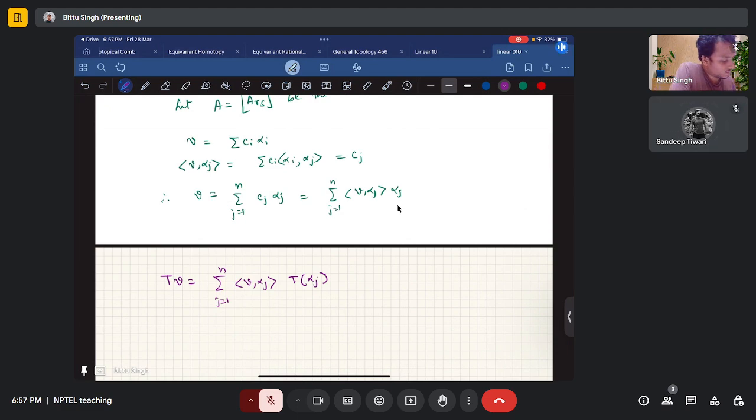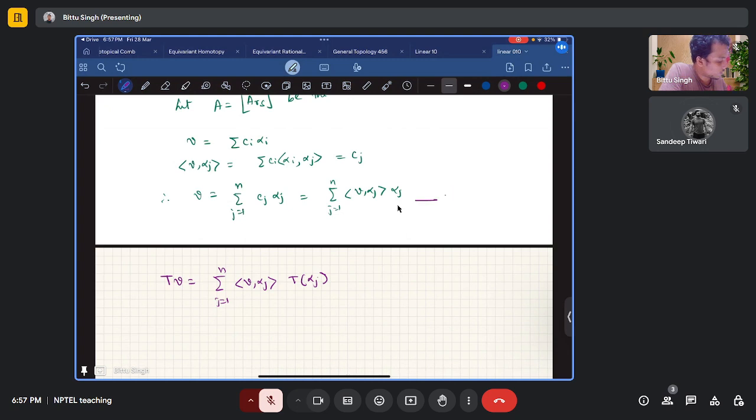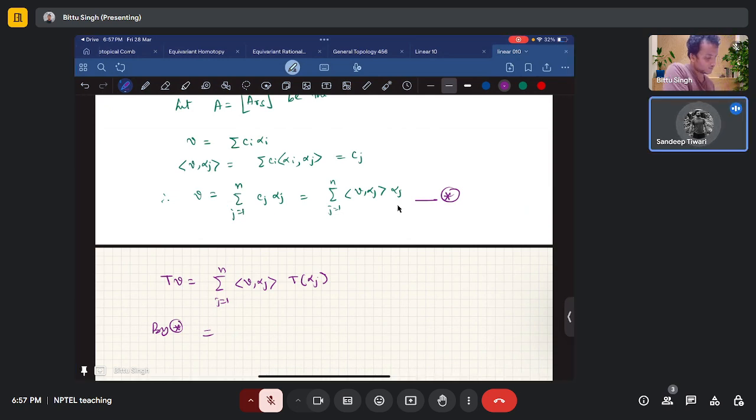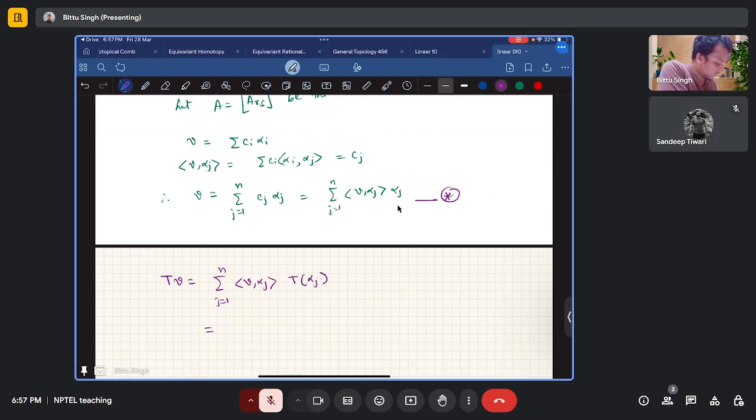So again by this formula, again by star, this can be written as T alpha j. Sir, how can we find T alpha j? We need to write TV in terms of those alphas.